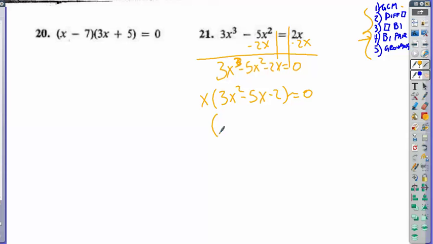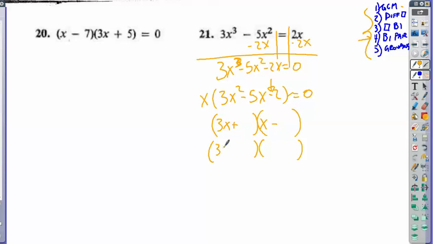So what do I need to multiply together to get 3x squared? Well, 3x times x would give me 3x squared. And to get a negative here, I know I have to have one positive and one negative. And I may have had that switched, so I will do this again.